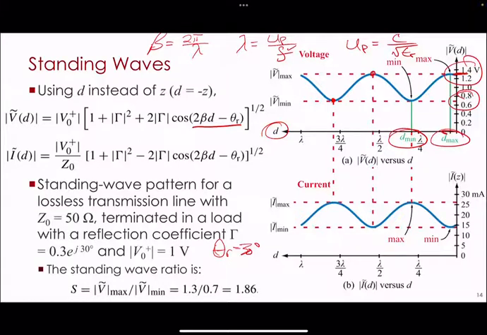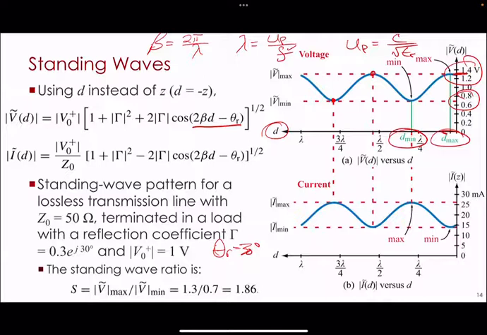Think about what it means. The maximum divided by the minimum. So what would S, the standing wave ratio, be if it was perfectly matched? It would be 1, because if it was perfectly matched, that means ZL equals Z naught. So gamma, ZL minus Z naught over ZL plus Z naught, equals 0. If gamma equals 0, the reflected wave amplitude, which is gamma times V0 plus, is 0.